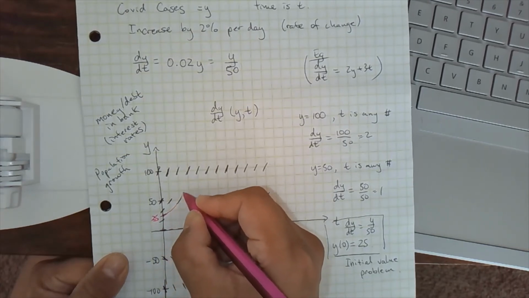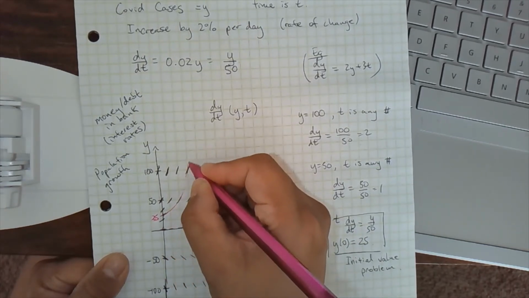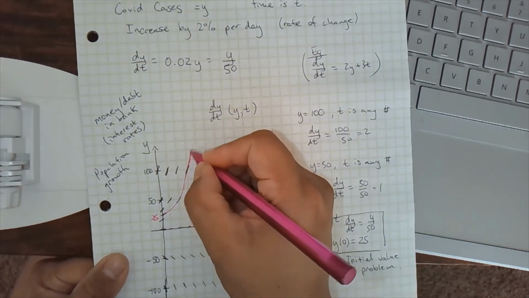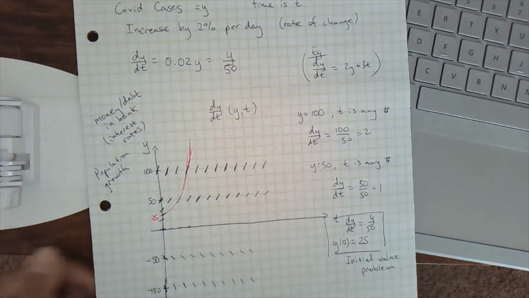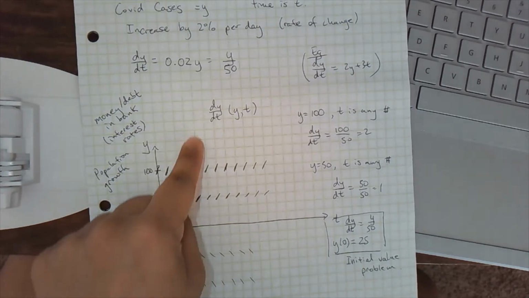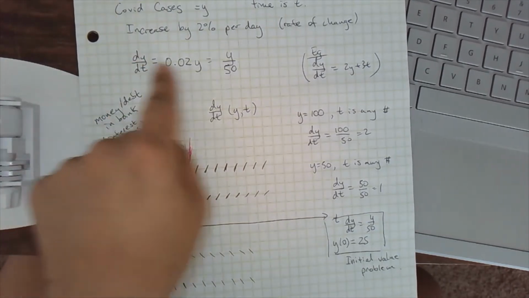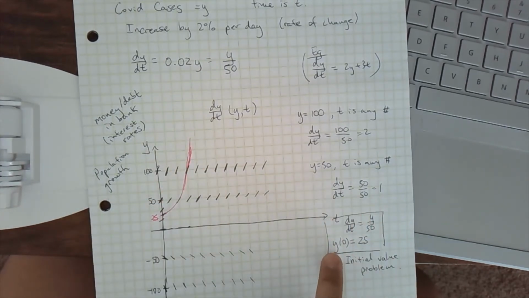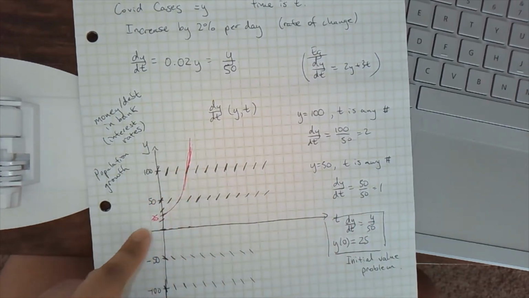This is not perfect, but it has about slope 2 there, and then increases. Roughly accurate. Okay. So that is a solution curve to this differential equation, and it's the solution curve to this initial value problem. Notice I don't know what the function is yet. That's for another lecture, but here we can get a solution curve.